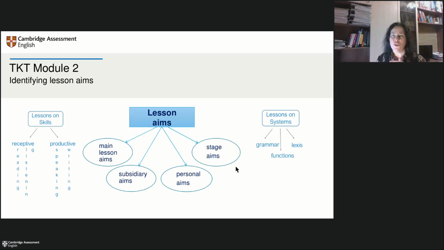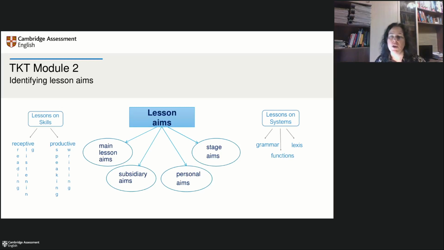So there is an overlap between stage aims and your lesson aims. And as for the personal aim, obviously, it'll be something you want to improve, to become better at. Maybe you want to focus on time management or presentation techniques, or something else.